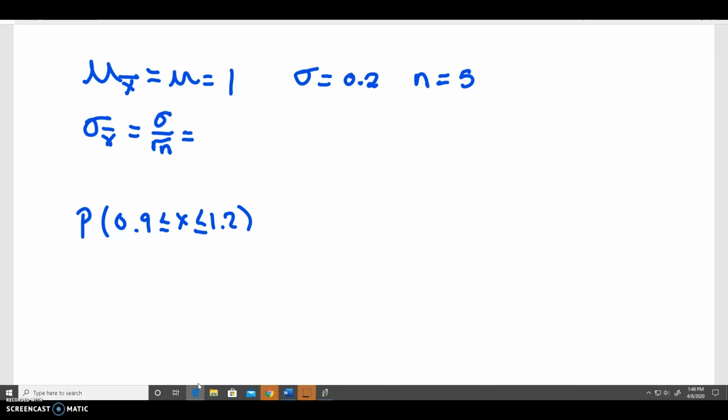So our sigma for the sampling distribution in this case again would be sigma divided by the square root of n. So this is 0.2 divided by the square root of 5.